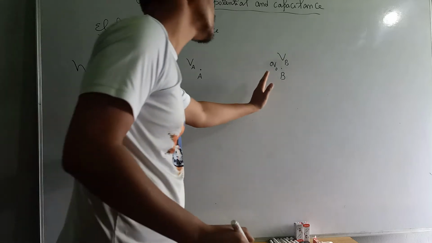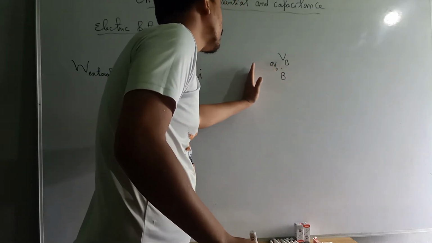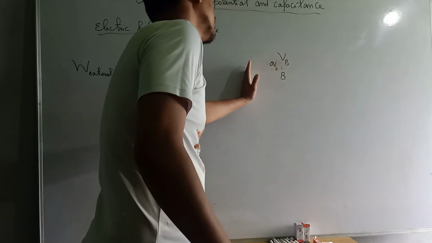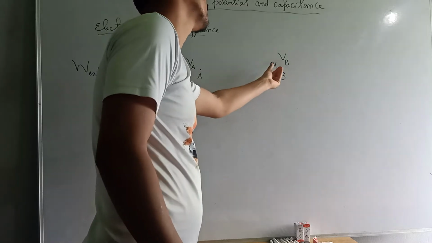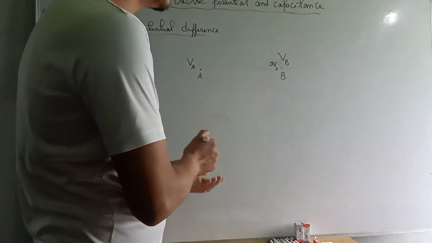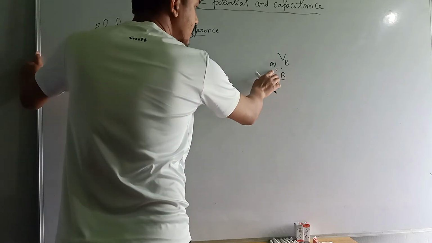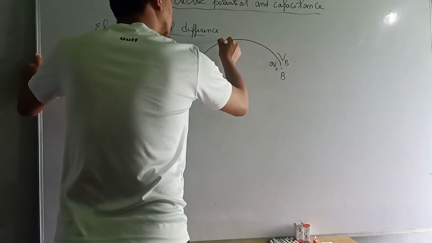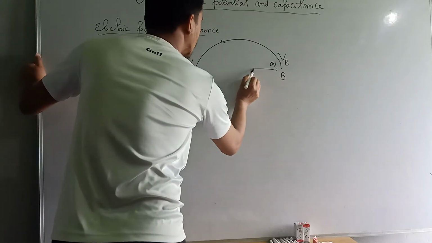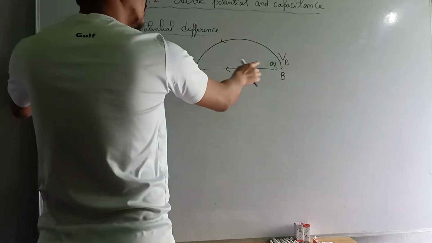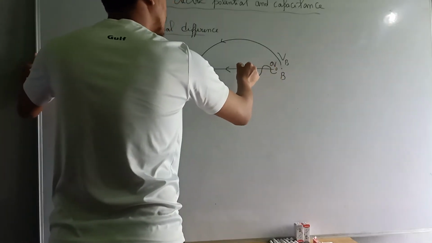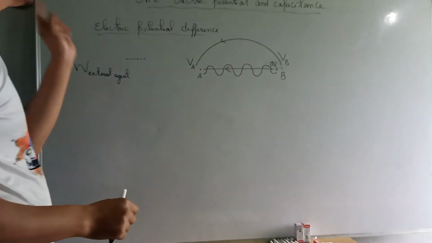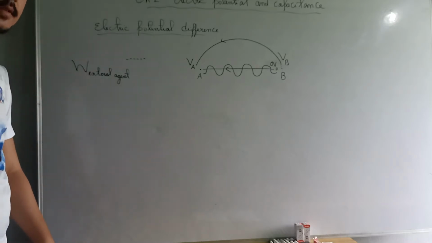The speed should remain constant as you bring Q0 from B to A. So you can bring this test charge Q0 from B to A either in this direction, following this path, or you follow this path. And that work has to be done against the electrostatic force.